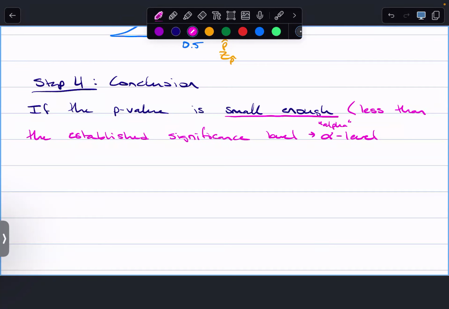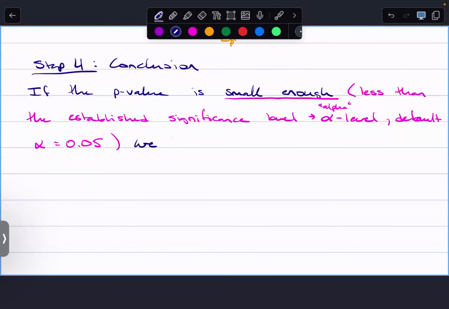The default alpha is 0.05, or 5%. So if the p-value is small enough, in our case less than 0.05, we have enough evidence to reject H naught.